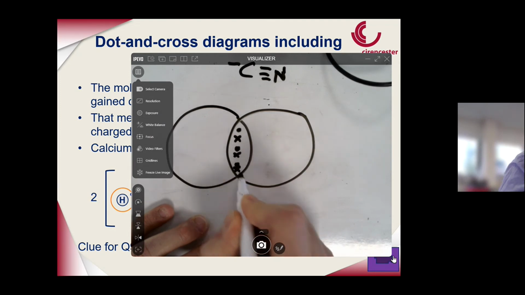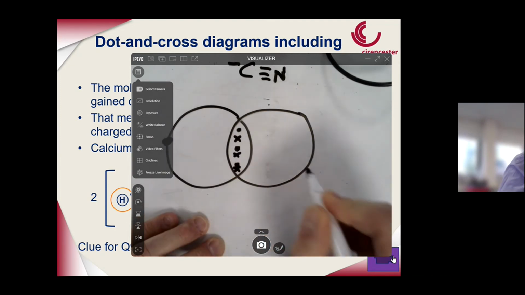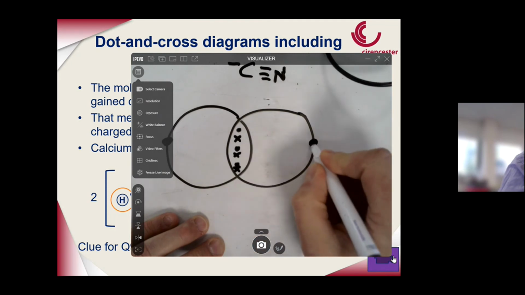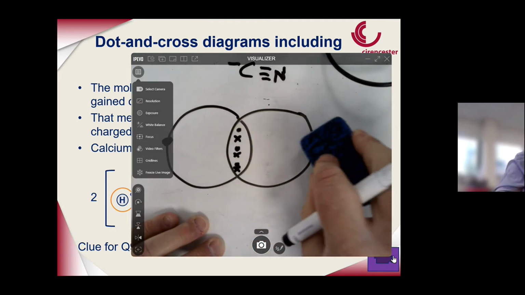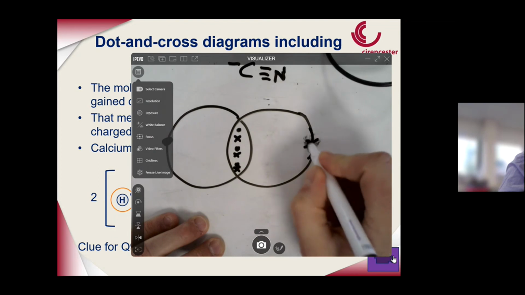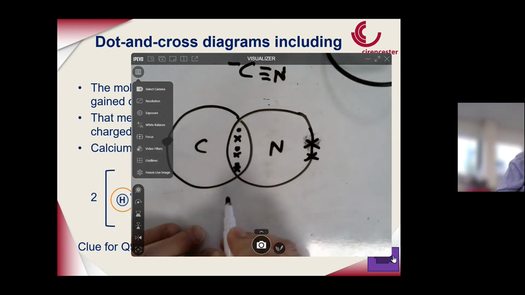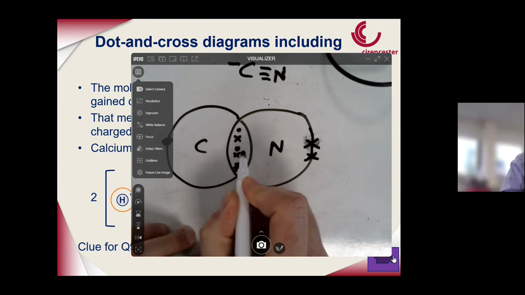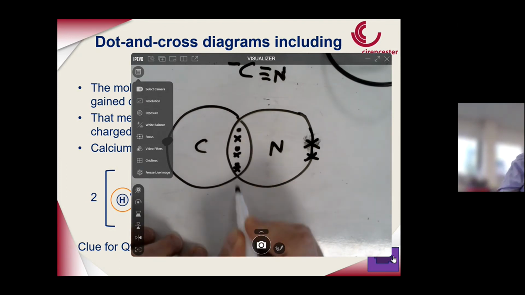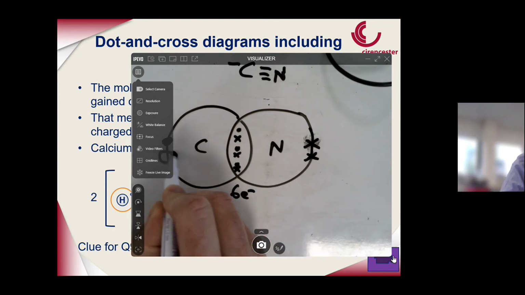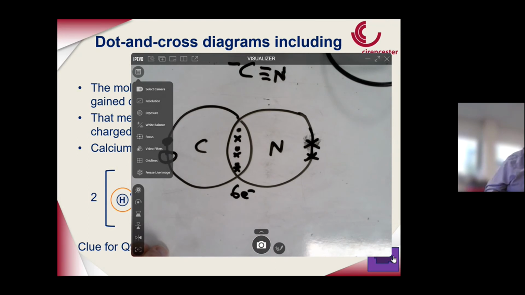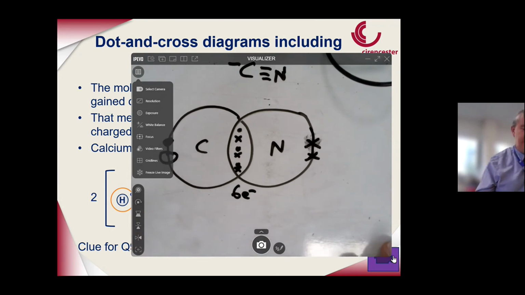There's the nitrogen ones. Carbon's got 1 electron left over. So we've got 3 there. We've got another 2. We'll use crosses for the nitrogen. There's the nitrogen, there's the carbon. So there's our triple bond, here and here and here, with 6 electrons in the middle. 6 e minus there. And then this must have an electron from somewhere else, which will make it negative.